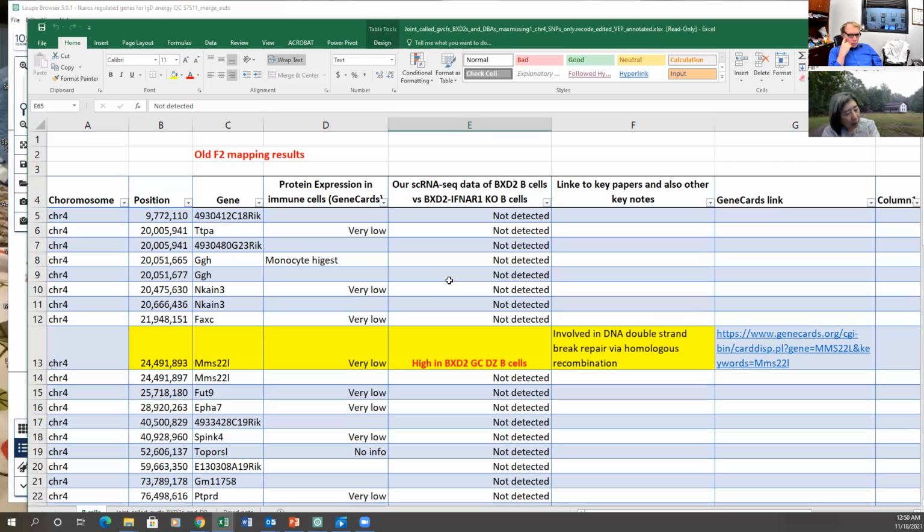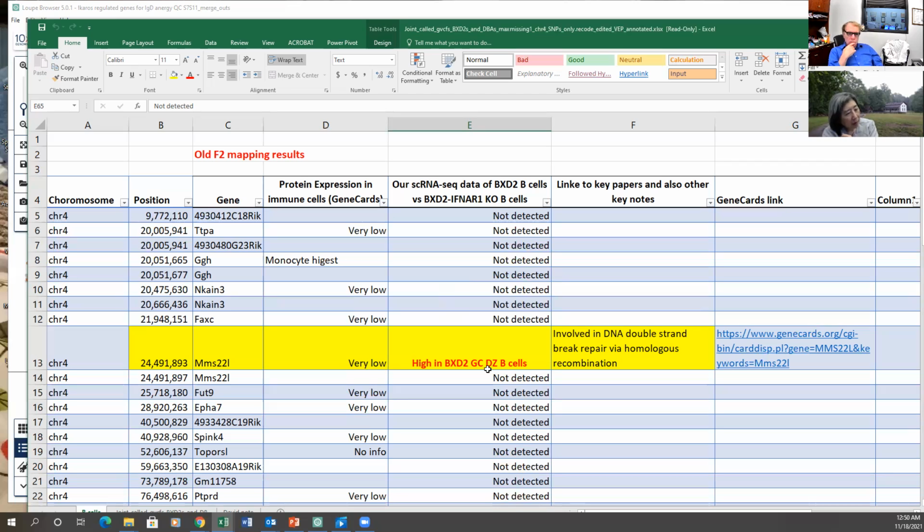With the new mapping analysis, he actually found a few chromosomes, chromosome 4, chromosome 12, and chromosome 17, I think. He identified 3 interesting loci, but he focused on chromosome 4.